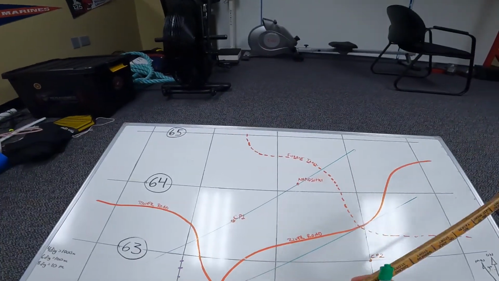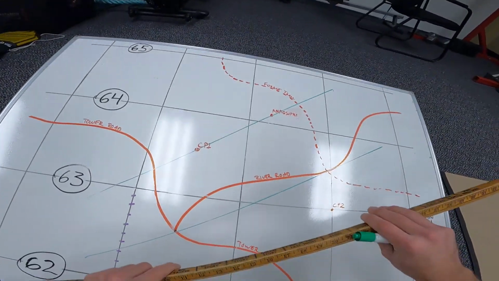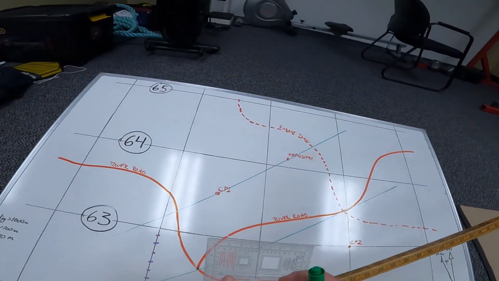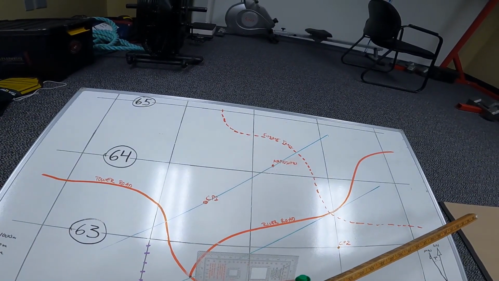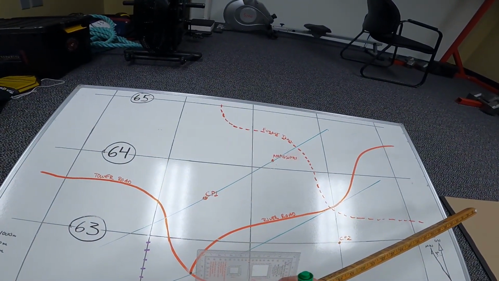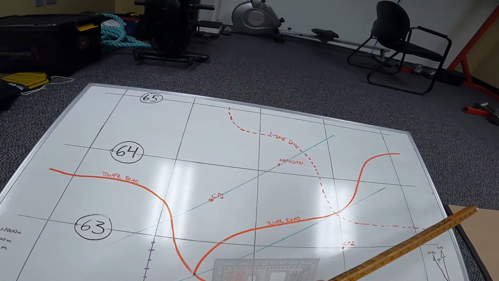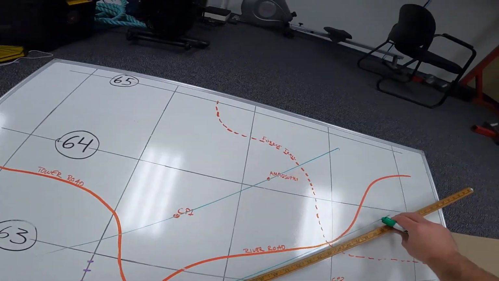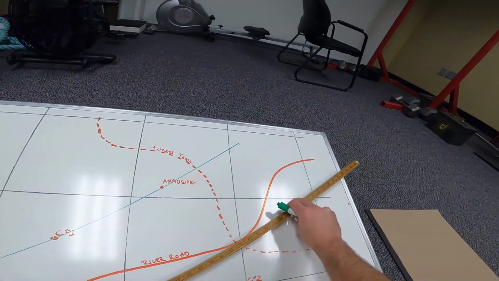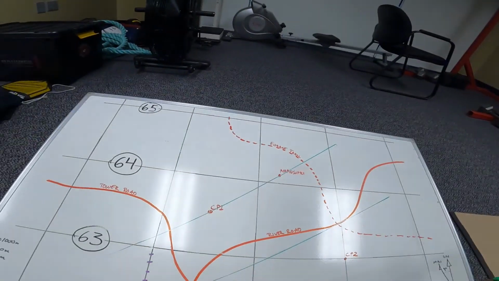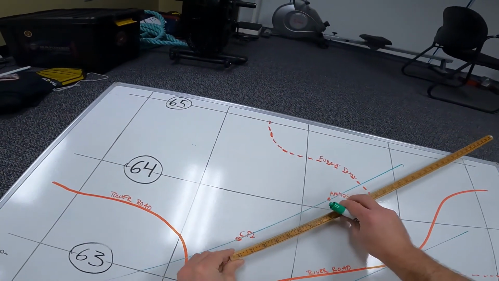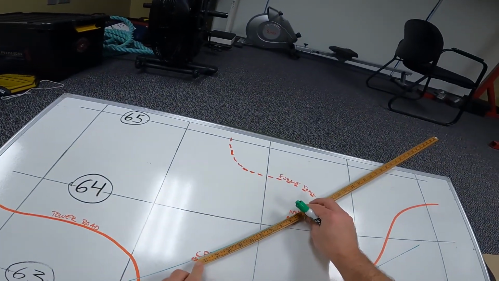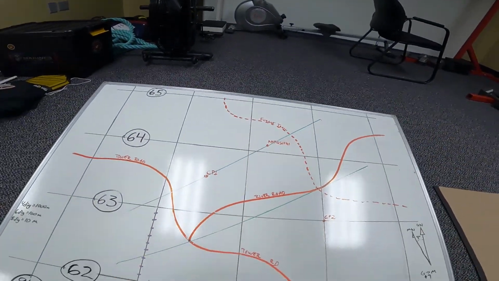So let's just pretend that every inch is 100 meters on here, okay? So every inch is a little square on here. So you line up your ruler, and it's exactly 16, so 1,600 meters. Or for this one, it's 9, so 900 meters.